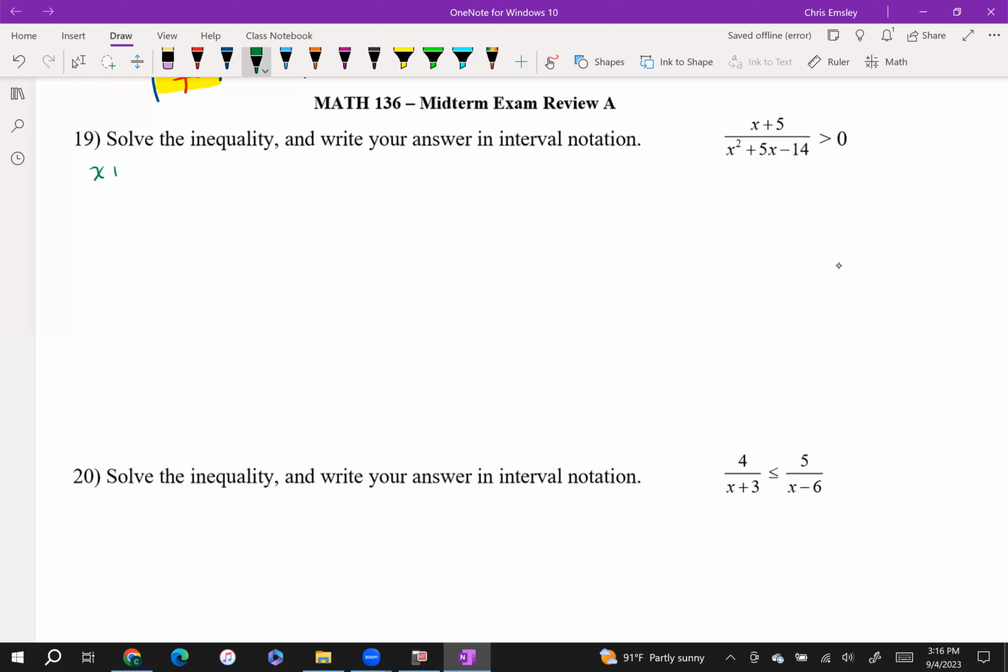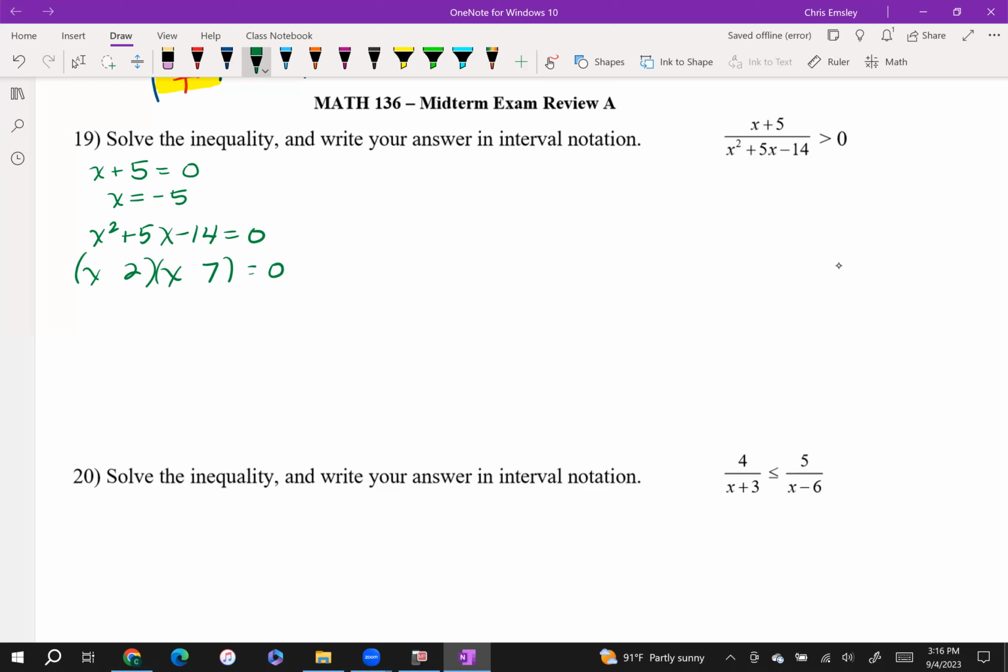We find the key points by setting both the numerator and the denominator equal to 0, because our function can change signs either at x-intercepts or where it is undefined. So to find out where the denominator equals 0, we're going to need to factor here.